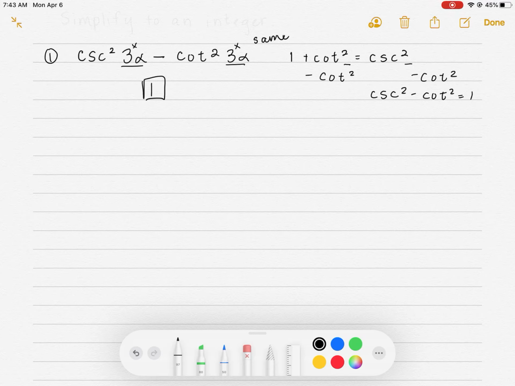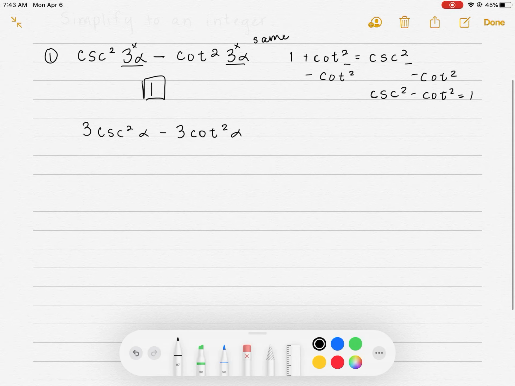Now if I gave you 3 cosecant squared of alpha minus 3 cotangent squared of alpha. We just talked about how cosecant squared minus cotangent squared is 1.